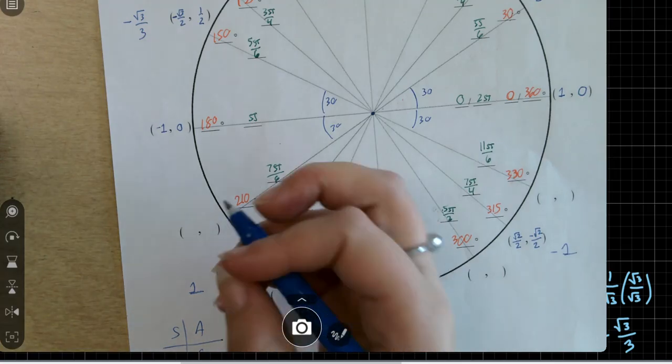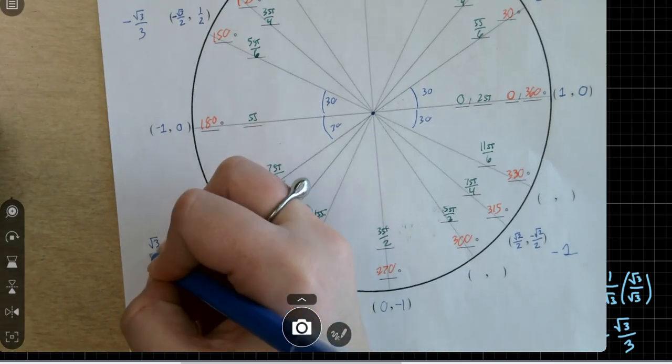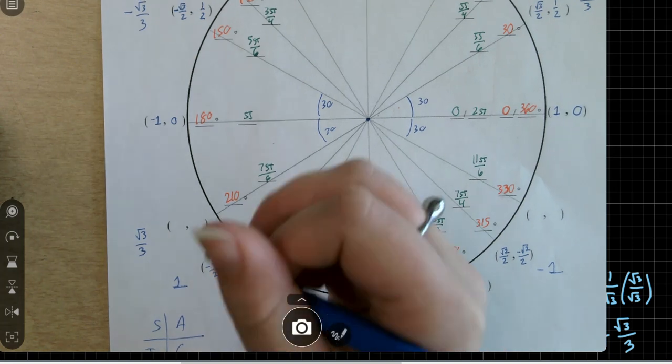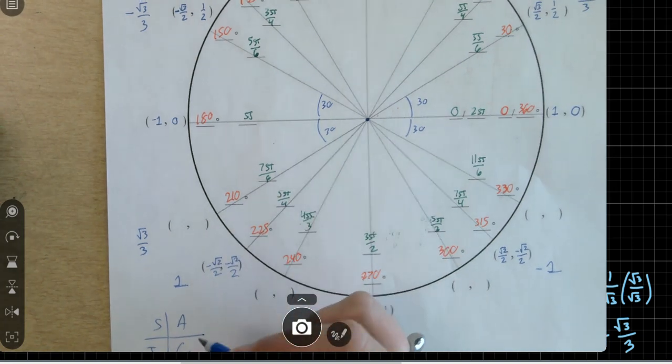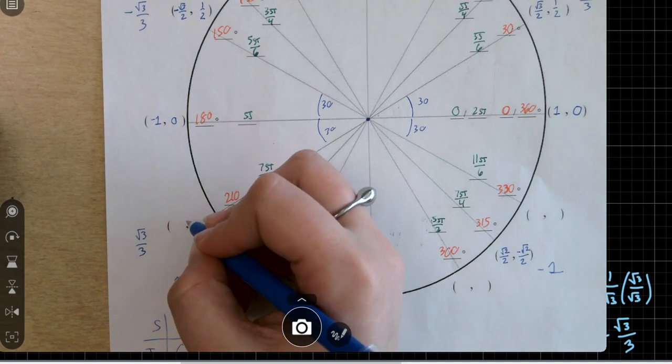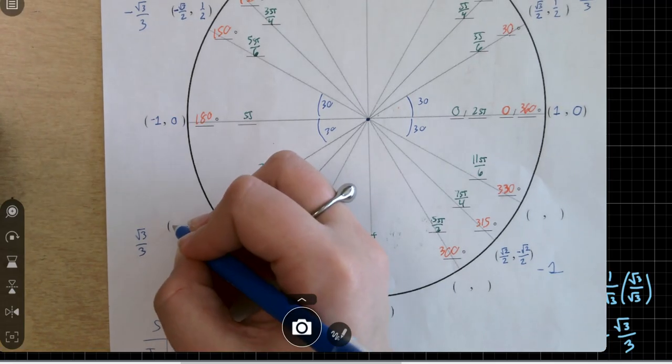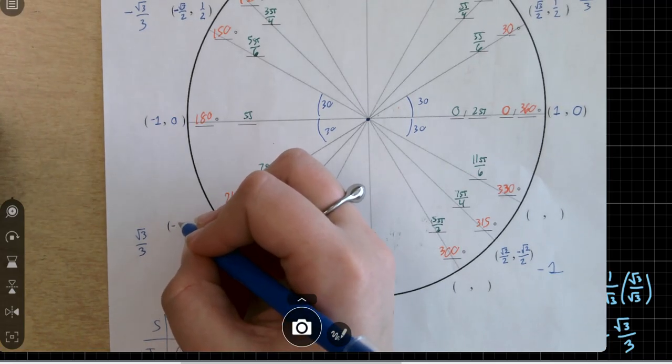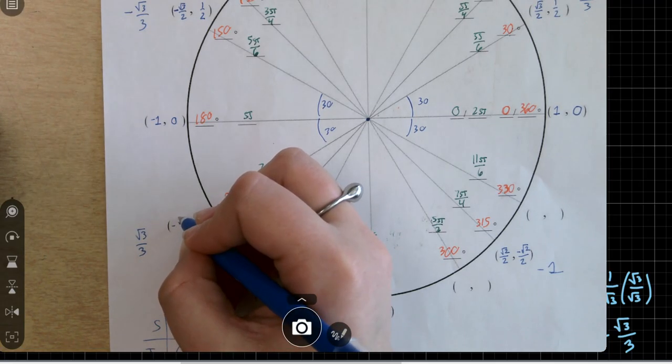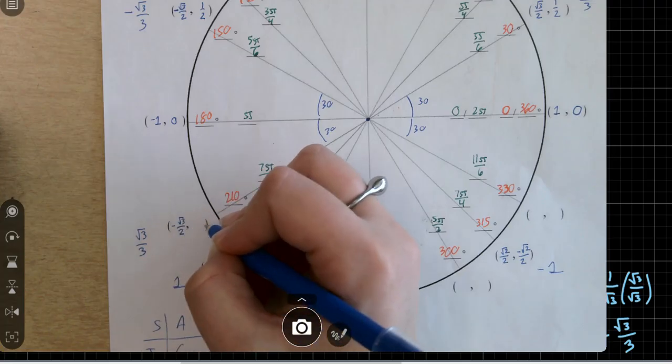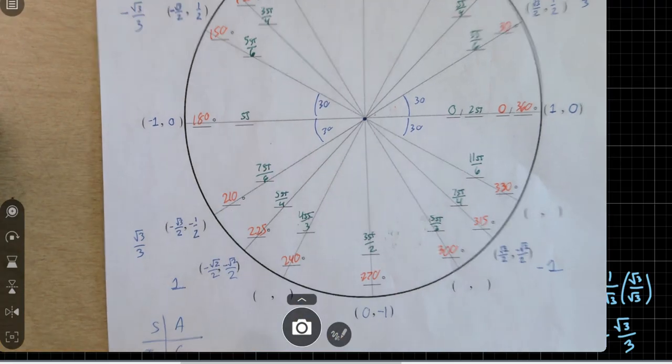The tangent is positive. Okay, so positive square root of 3 over 3. What is my cosine? Negative. Both of them are negative. Yep, what's the fraction? Negative square root of 3 over 2. And then I have a negative 1/2. Good job.